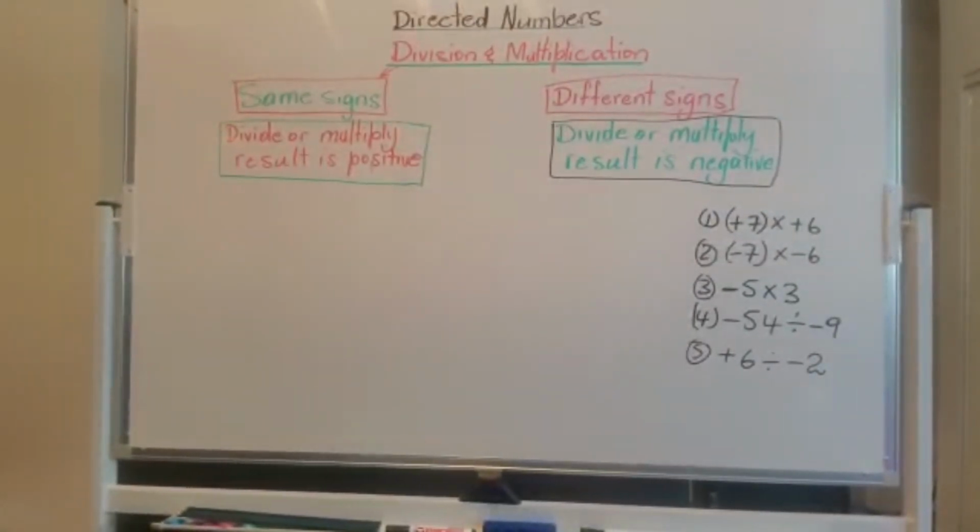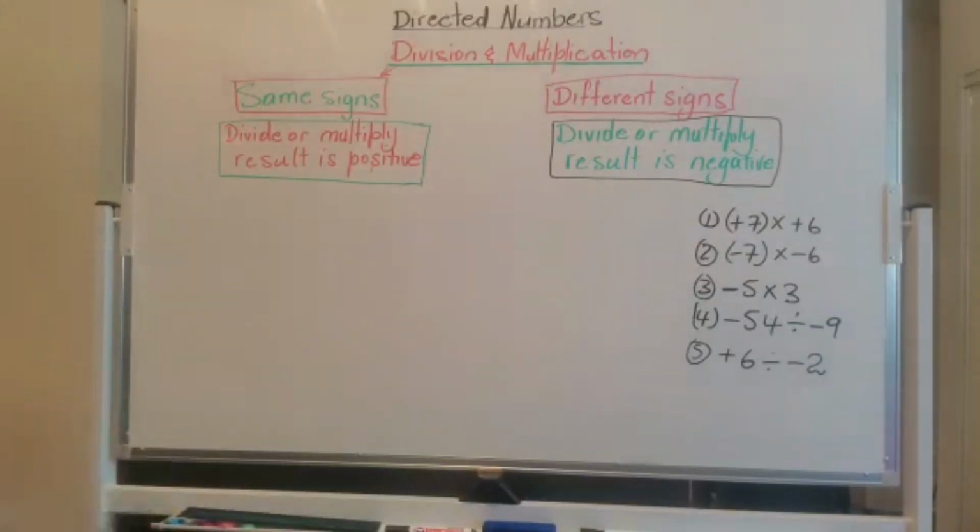So we are continuing our lesson on directed numbers. In the last lesson, which I will recap, we looked at addition and subtraction of directed numbers, that is negative and positive numbers, in which we said when the signs are the same in addition and subtraction, we add the numerical value and we keep the sign.